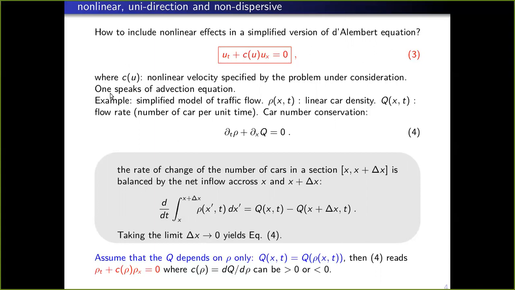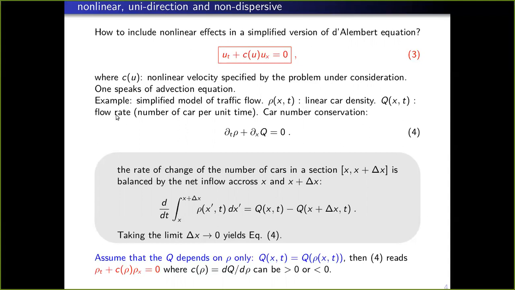So consider cars moving along a road, and rho would be the linear car density along this road. So rho is the number of cars per unit length at position x and time t. And let's denote the flux as q.